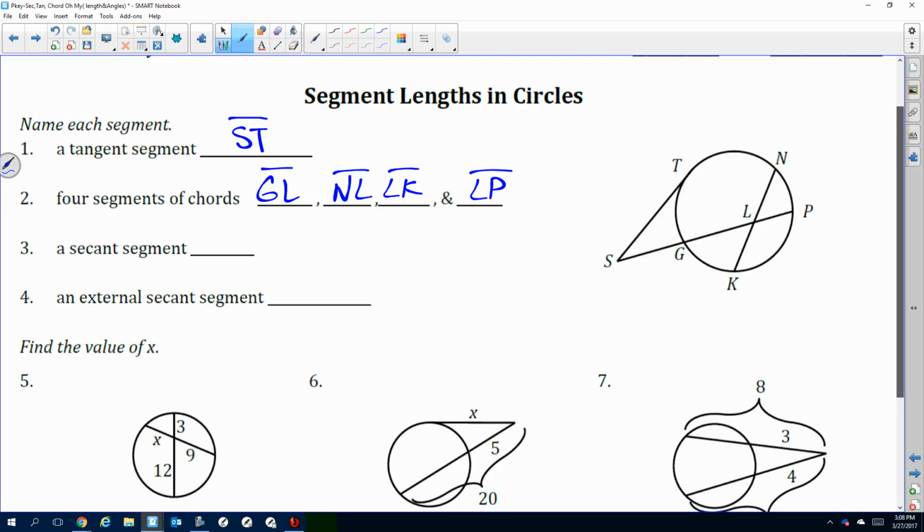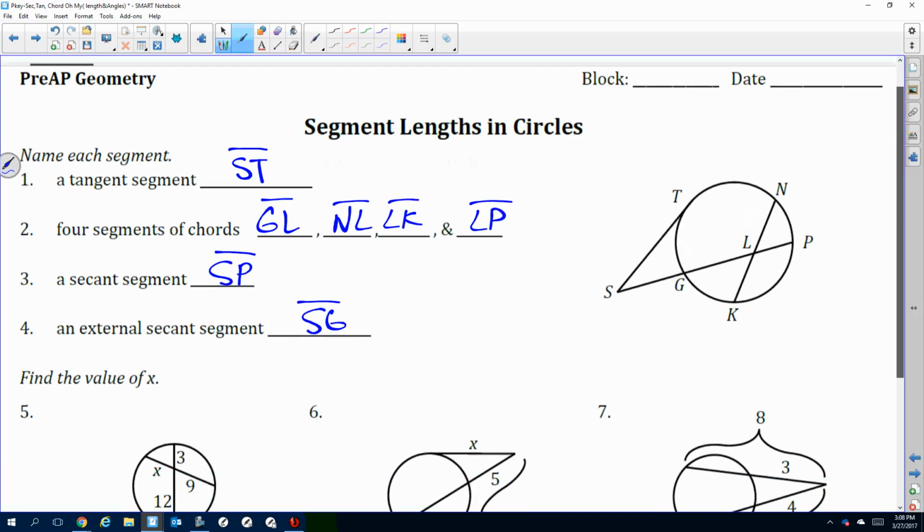Those are all parts of a chord. A secant segment: SP. An external secant segment: SG. The key to the remaining problems is recognizing the special segment that is part of the circle and the relation that goes with it.